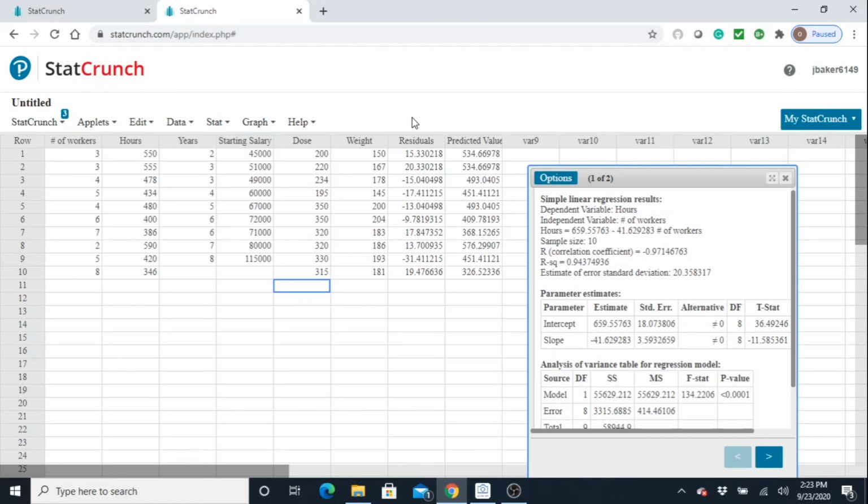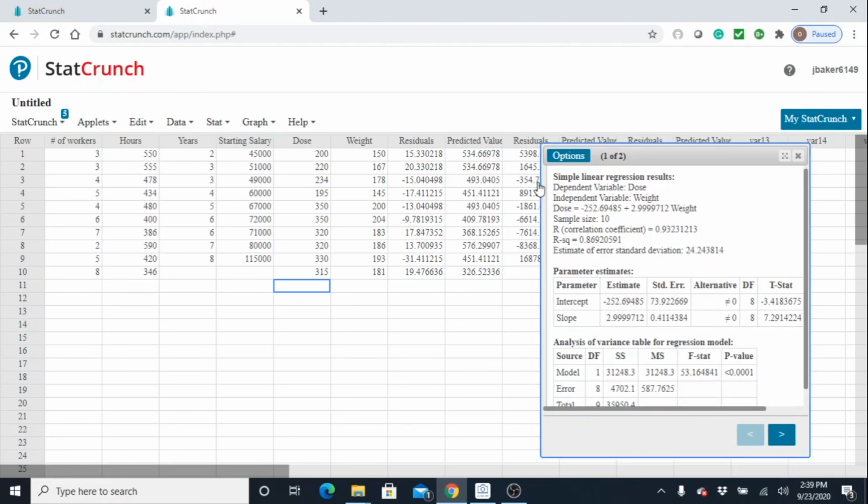I get 5 positive and 5 negative. So since it's about half and half, essentially, what this means is that it's pretty good at predicting the line.